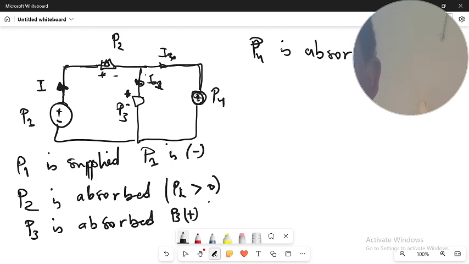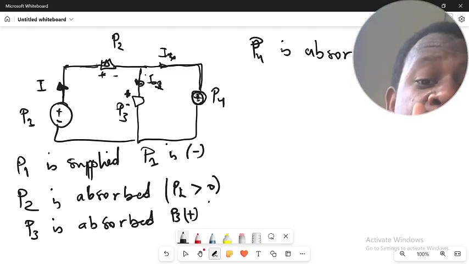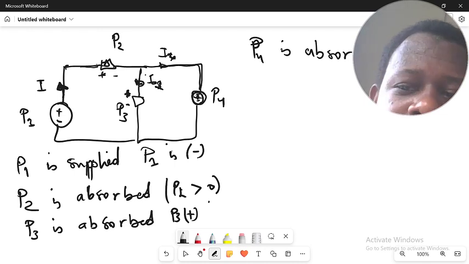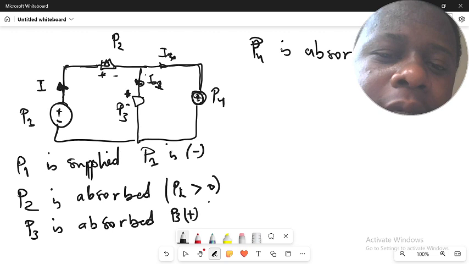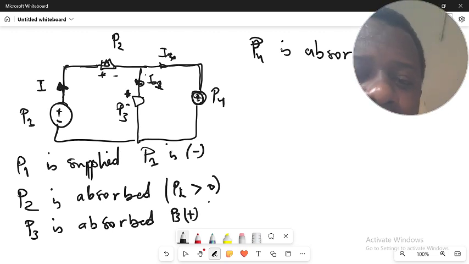So P4 is positive. Actually it is not that P4 is absorbing the source, but just in manner to write, I write P4 is absorbing, meaning the component itself. So now I have the supply, I have the absorbed.